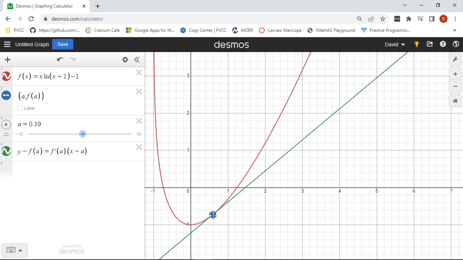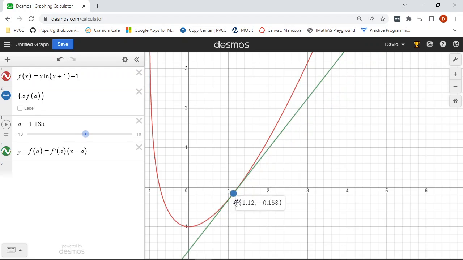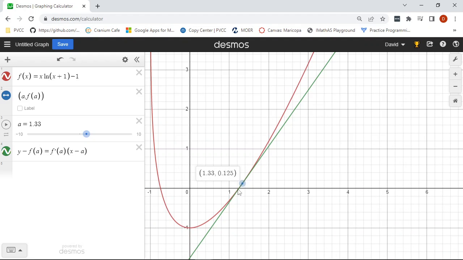So, for example, if I were to guess this x value right here, 0.74, the x-intercept of that tangent line is at 1.343. So we're going to use that as our new input to draw our next tangent line at 1.343. It would come over here, and it's going to end up being the x-intercept there, and so on and so forth. So that would have worked out fine for finding that x-intercept.